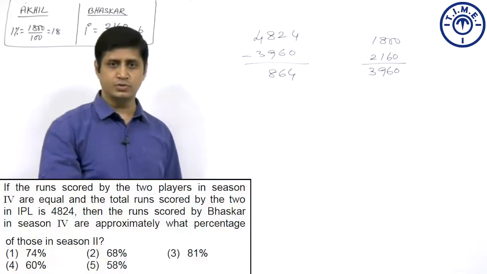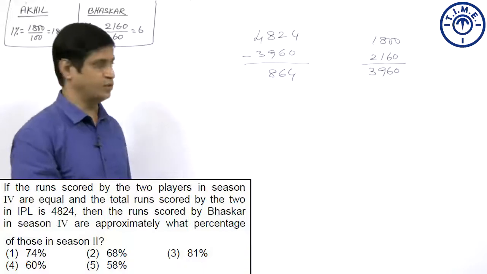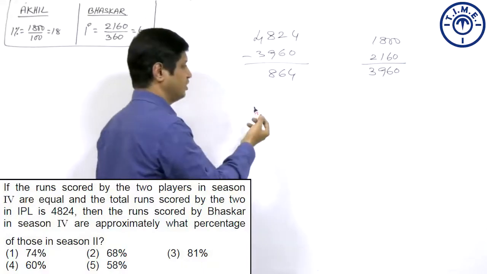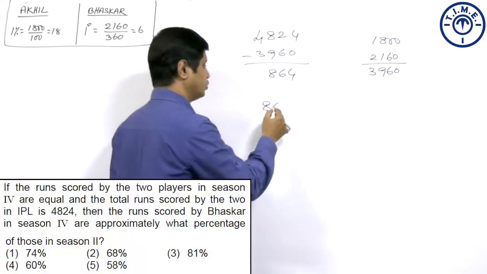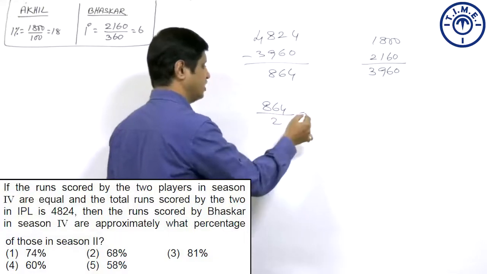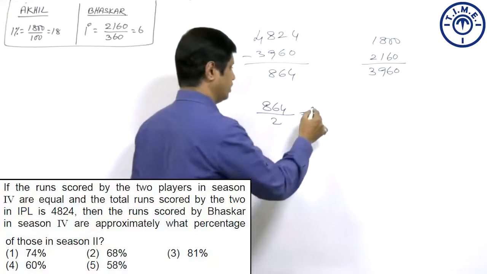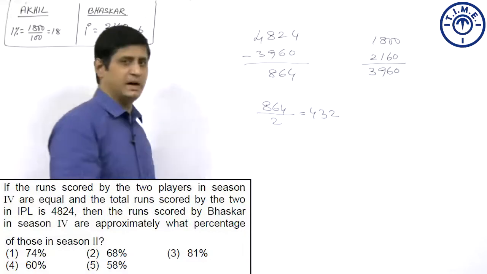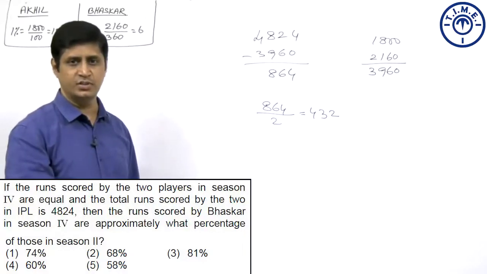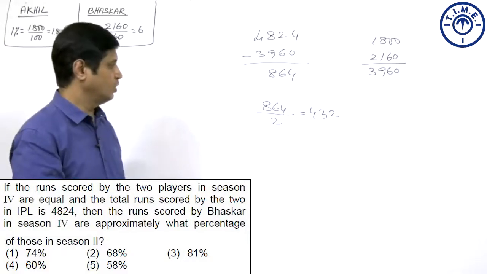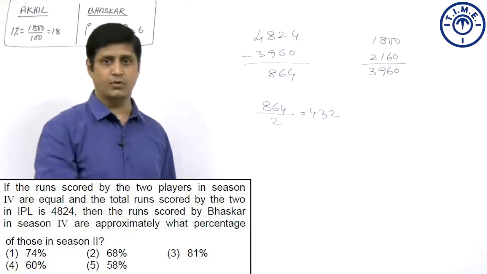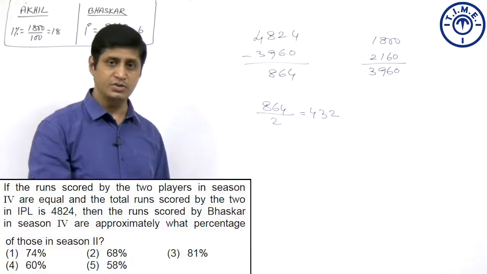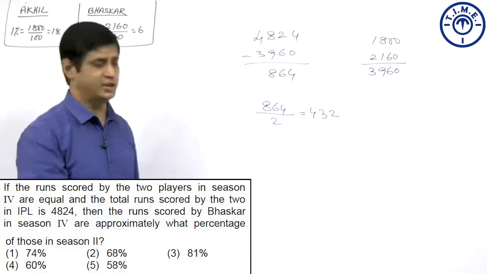What is the condition given? The 2 players scored equal runs in season 4. Equal runs means we need to divide by 2. When you divide by 2, it results in the score of each player. So, what is the score here? 432. The score of Bhaskar as well as Akhil in season 4 is 432. Now, what to find? The Bhaskar value upon the season 2 value of Bhaskar, percentage to be observed.